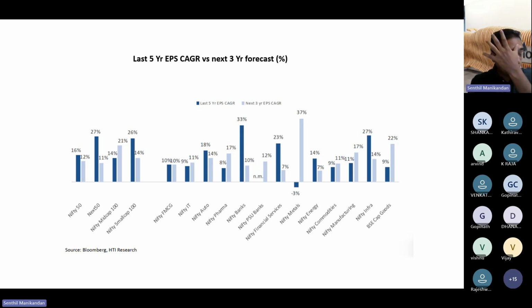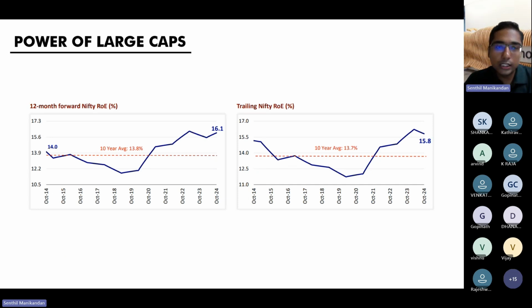So with this context, we will move to the third section on valuation. Sorry, before that, we look at the ROE also. So we looked at the earnings growth, that's one point, and the second point is ROE. Valuations have two major variables: one is how the growth is, and second is the profitability.